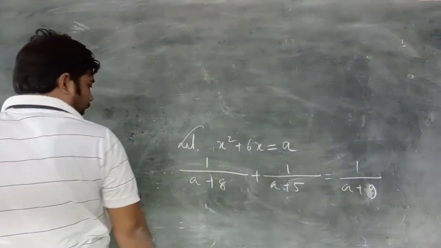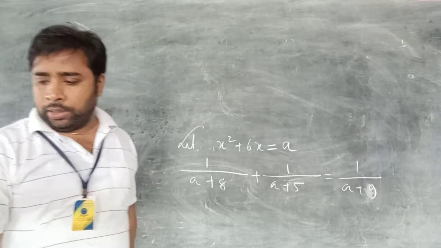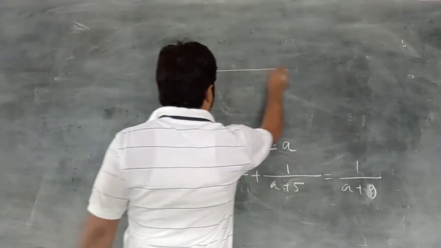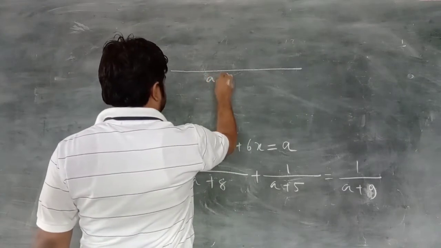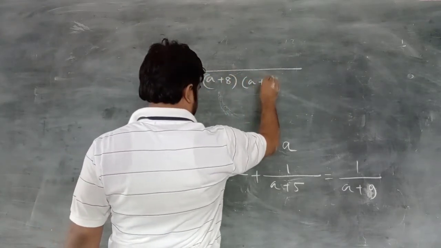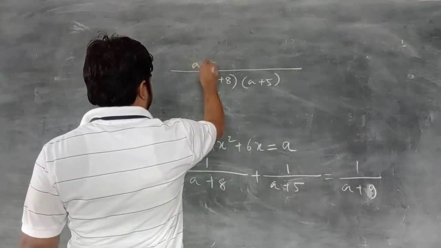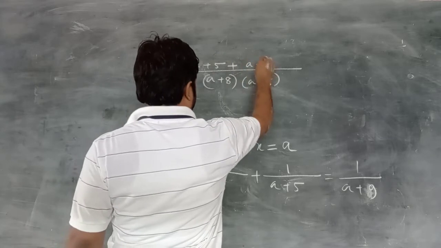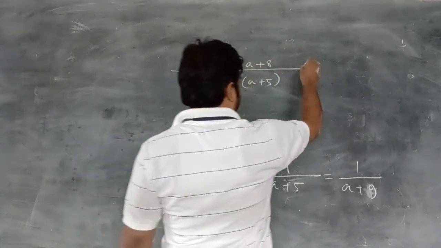So what shall we get if we take the LCM? What is the LCM? a plus 8 into a plus 5. So this is a plus 5, a plus 8, just like the previous sum, equal to 1 by a plus 9.